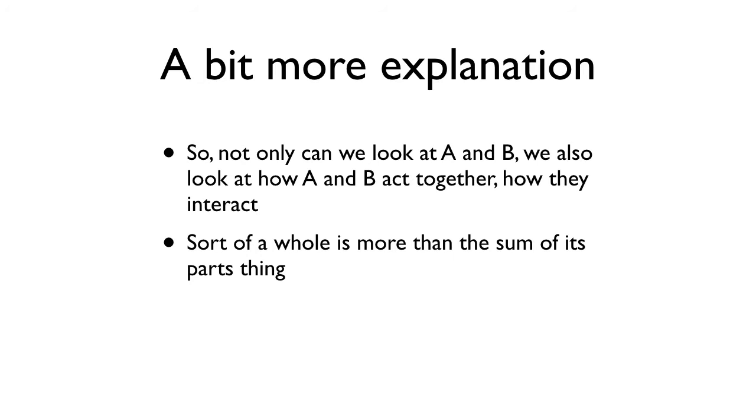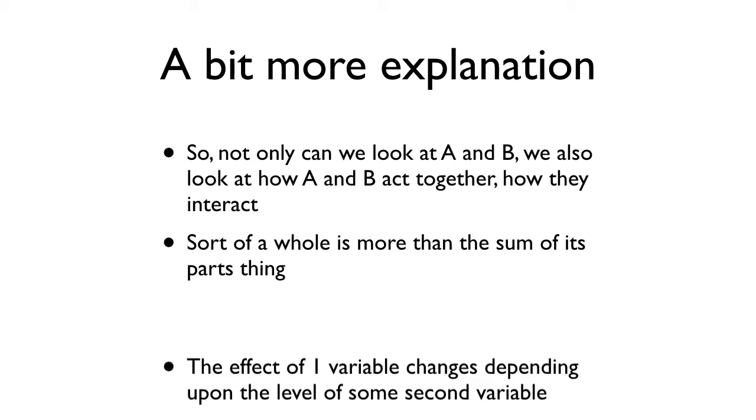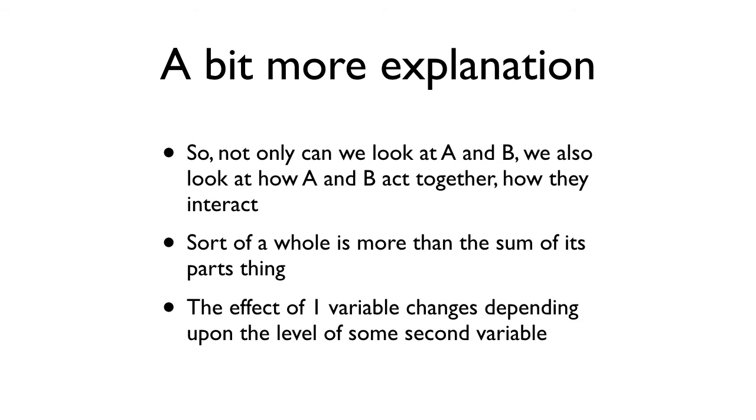This is the effect of one variable changing depending upon the level of a second variable. That's in fact definitionally what a two-way interaction is: the effect of one variable changes depending upon the level of some second variable.